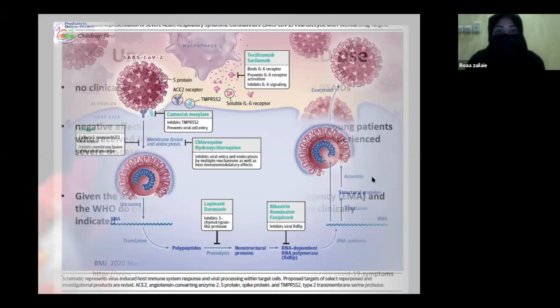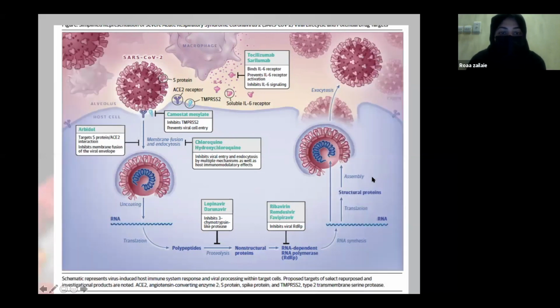So this is again the viral replication, and we focus on the type of therapy. We can see here the SARS-CoV with the spike. Once it attaches to the host cell's ACE2 receptor, the first step is attaching to the transmembrane protease serine 2, and we can use some medication like camostat and nafamostat to prevent its adherence.